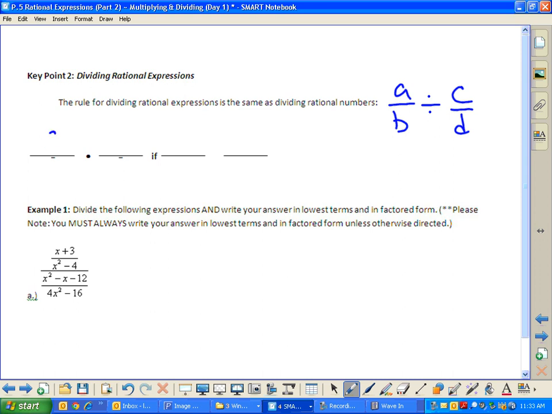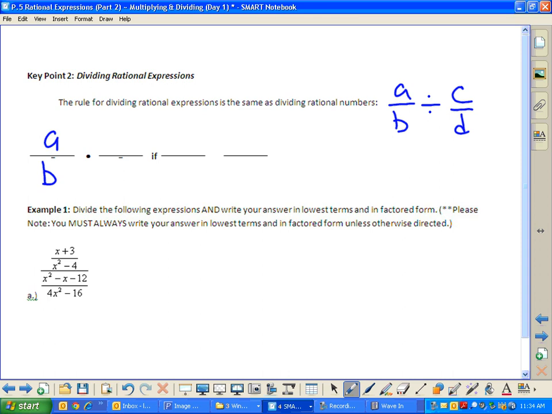We multiply by the reciprocal of the divisor. If a runner runs, a baker bakes, a teacher teaches, a divisor is the thing that does the dividing. It's your second fraction in the problem, the fraction on the bottom that takes care of the dividing. So it's for this reason that C/D is what we call our divisor. It's dividing into A/B.